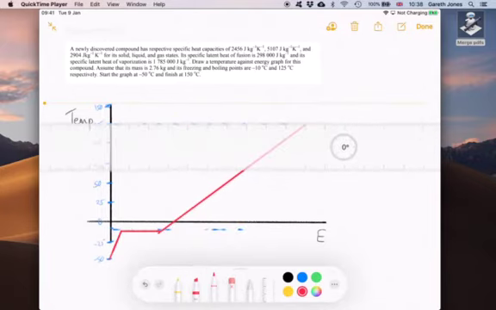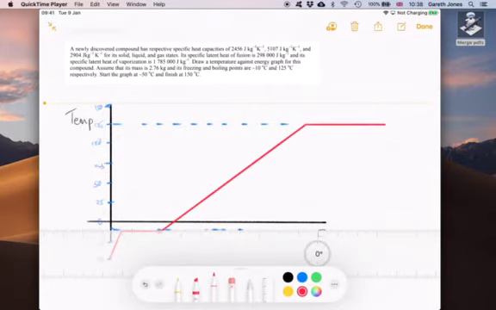Now, the fourth section, this is going to be a lot longer than the second section because it takes much more energy to boil it than it does to melt it. You can see the specific latent heat of vaporization is 1,785,000 joules per kilogram.